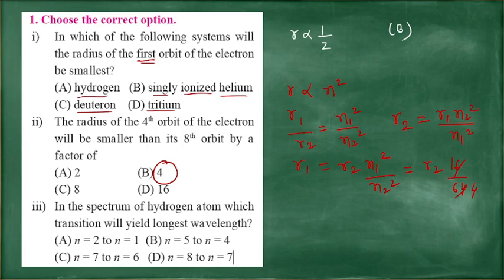This we can remember for specific series. But here the series is not given, the general is asked. So we have to remember how the energy levels are specified.